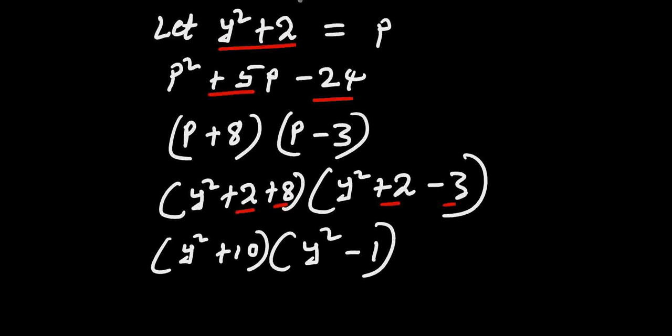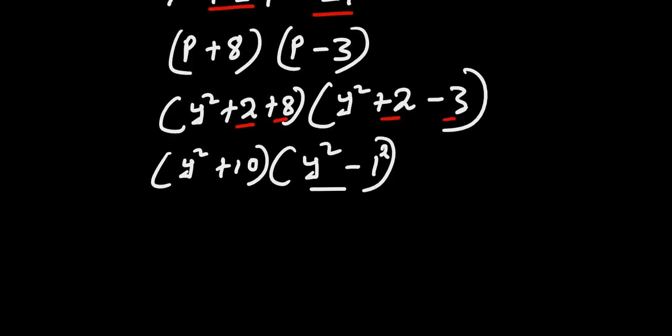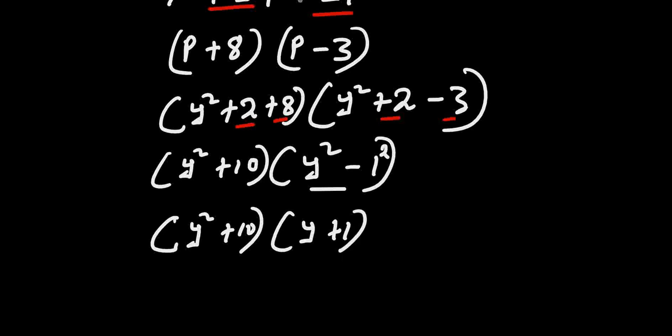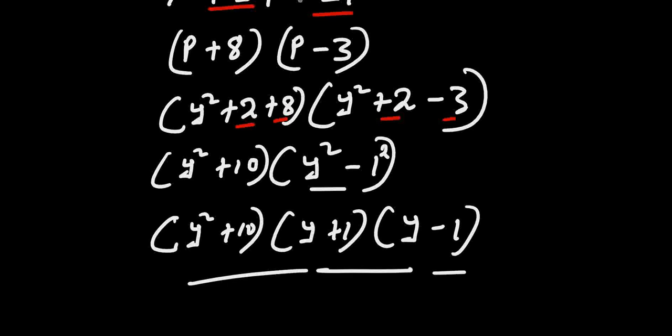Now negative 1 can be seen as negative 1 squared, and automatically that makes this a difference of squares. So we can factor that as y squared plus 10, y plus 1 and y negative 1. So this is the answer to this question.